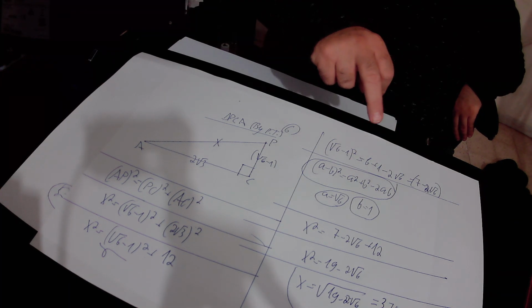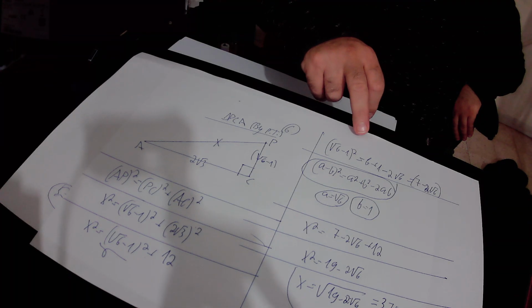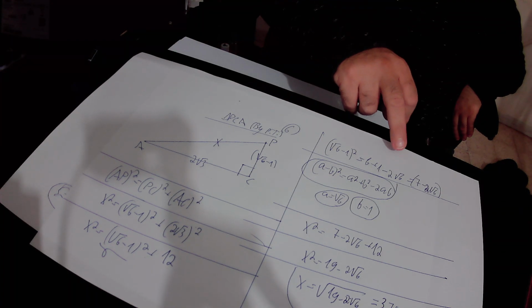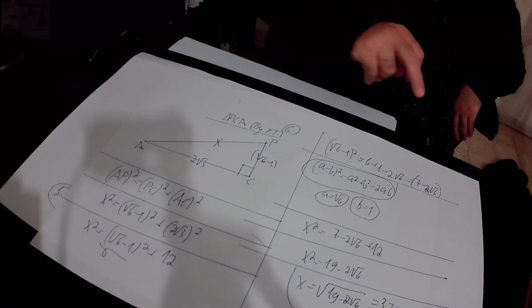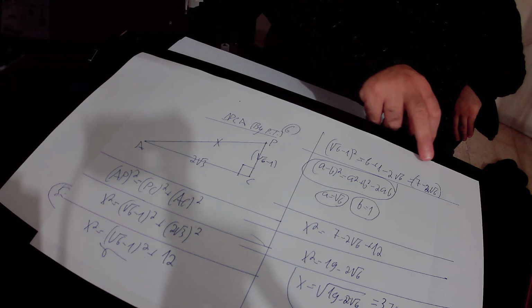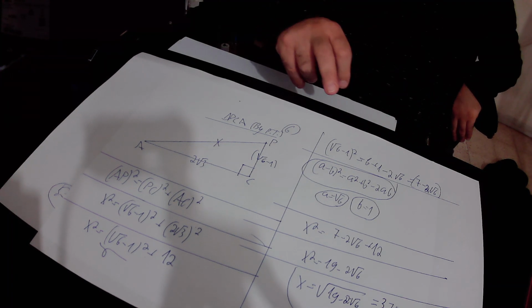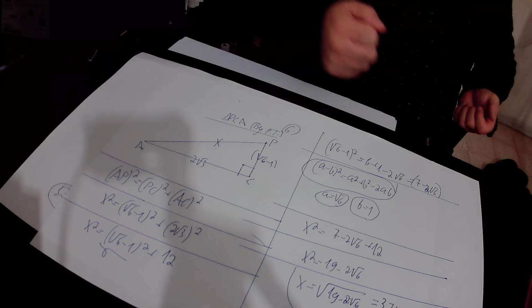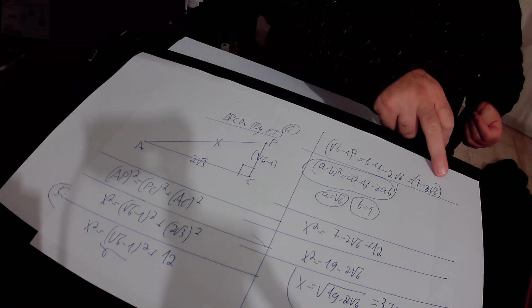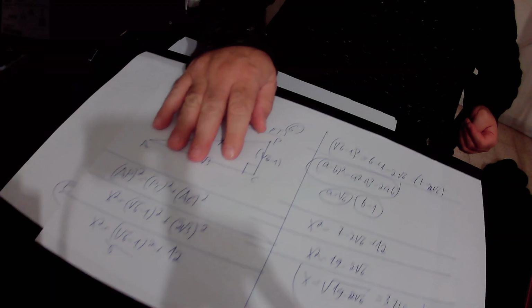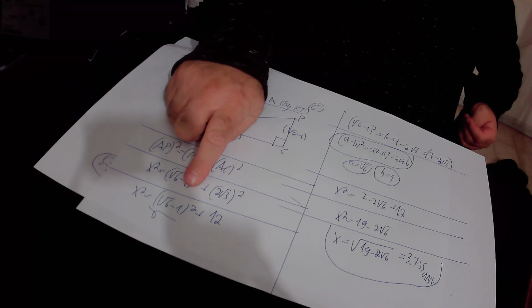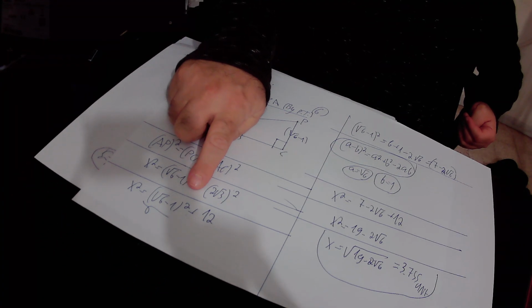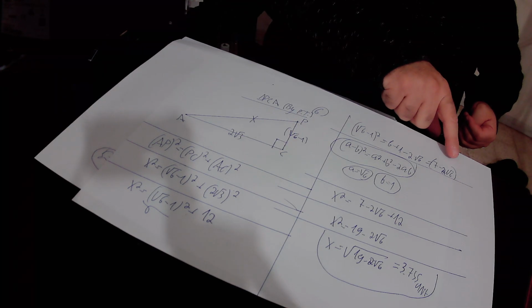So in conclusion, (square root of 6 minus 1) squared equals 6 plus 1 minus 2 times square root of 6. 6 plus 1 is 7, so it is 7 minus 2 times square root of 6. Therefore, we can substitute (square root of 6 minus 1) squared in this equation by 7 minus 2 times square root of 6.